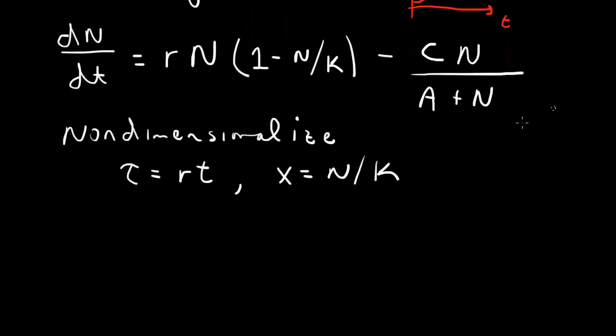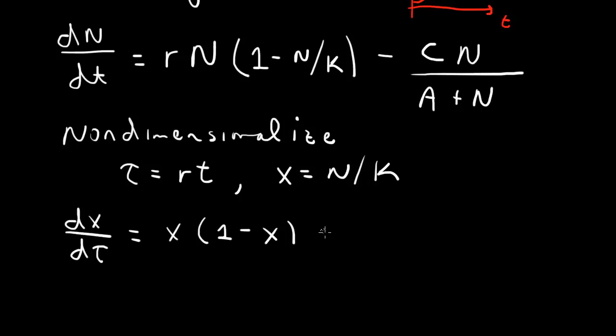And if we non-dimensionalize the equation using these variables and do the substitution, what we'll find is an equation for x. So we will end up with dx d tau equals x times 1 minus x, which is the non-dimensional logistic equation.